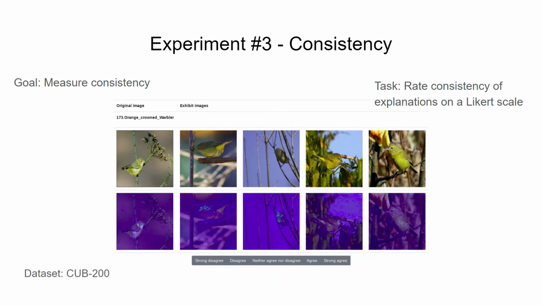We use the CUB dataset for this experiment. We asked the participant to rate on a Likert scale the degree to which they agree that the saliency maps of different images of the bird focus on the same or similar parts of the bird. This experiment is particularly beneficial in the case of the fine-grained image classification task.